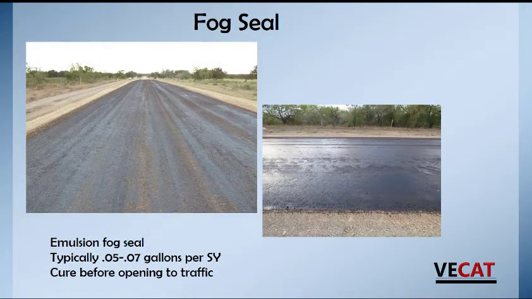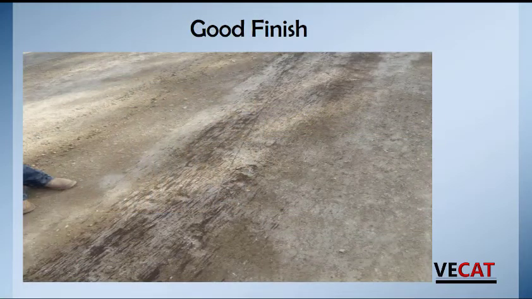After finish rolling, we fog seal. The purpose of the fog seal is to protect the road from water intrusion while it cures. And then we open it up to traffic. So afterwards, a good finish holds the water out, seals the surface. As you can see, this was a very hard road.